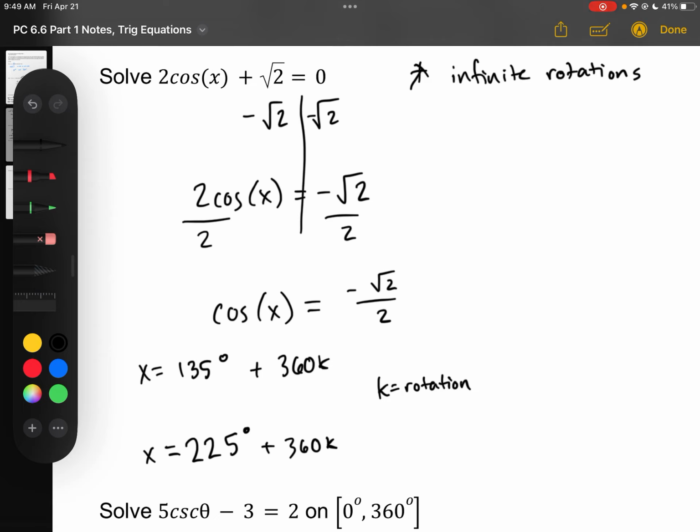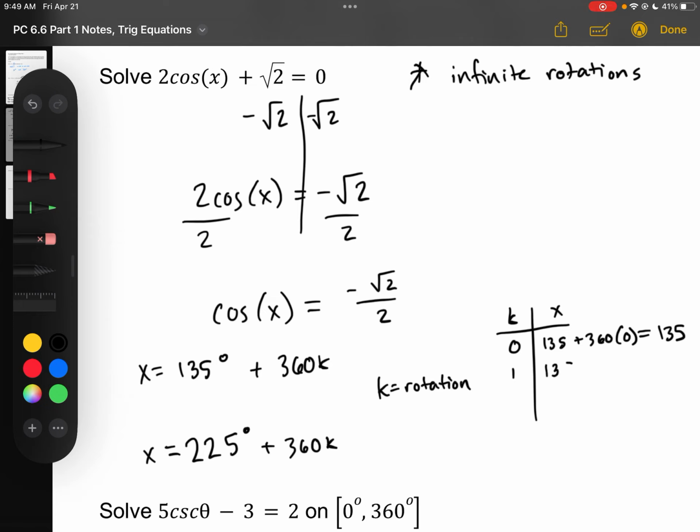To be more specific, if they want discrete values, we can make a table for k value and for our x value. When k equals 0, it's 135 plus 360 times 0, which is just 135.